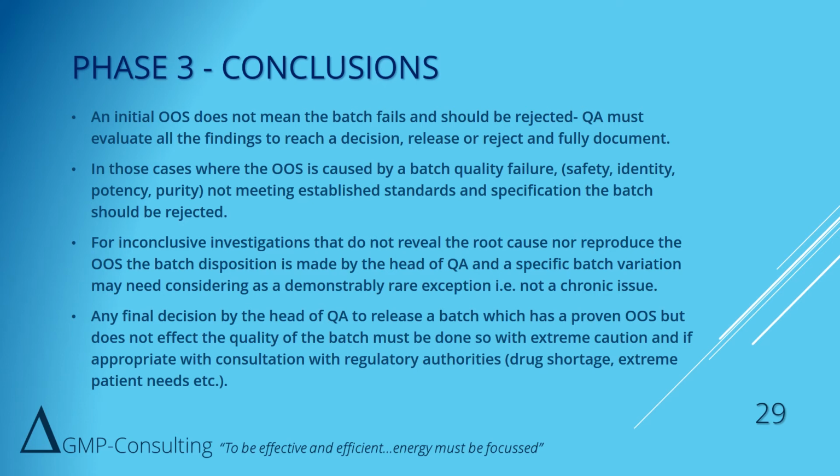But ultimately, the decision is QA's, and the decision has to be made with all the information to hand. In some rare cases of drug shortages, QA can discuss the situation with the regulatory authorities, and if it's a very borderline technical rounding issue, a fail still within expiry, there may be some leeway with the regulatory authorities, but that's very rare.